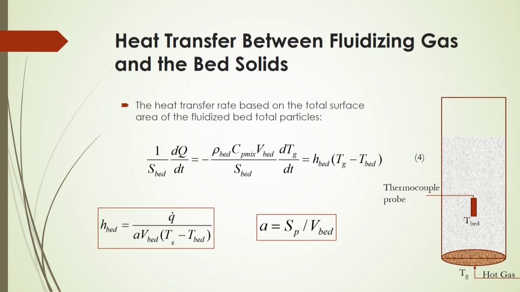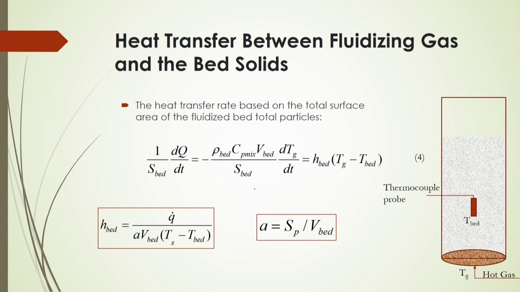Now, the heat transfer coefficient between fluidizing gas and the bed solids. The heat transfer rate based on the total surface area of the fluidized bed, for the total particles, can be expressed by equation number 4. Again, the same way we can consider it here.